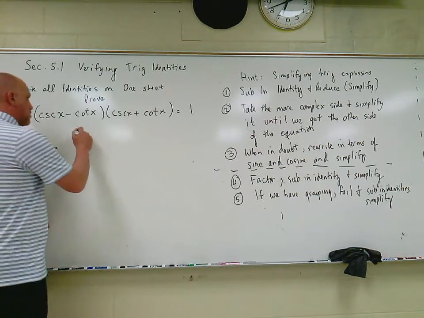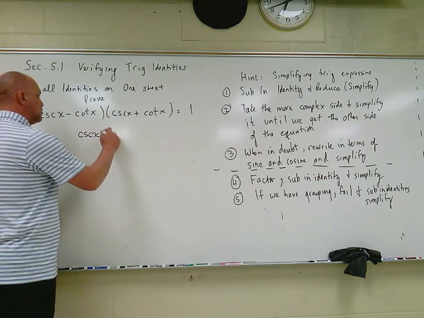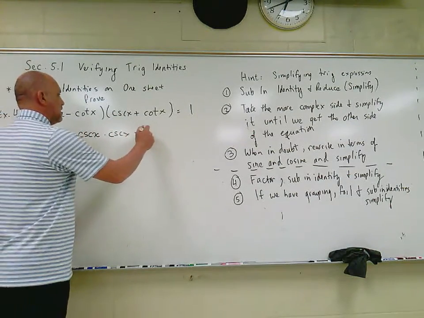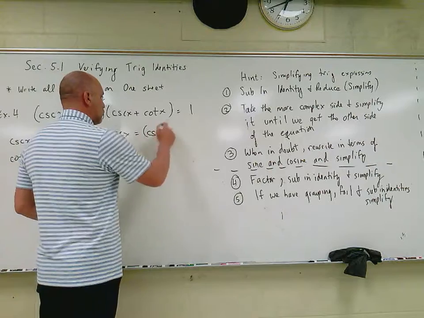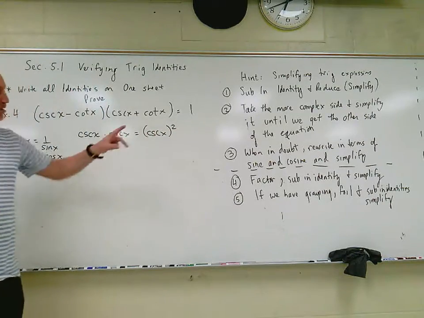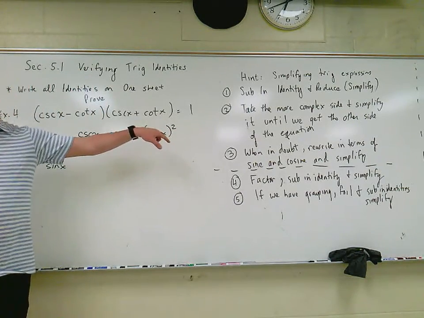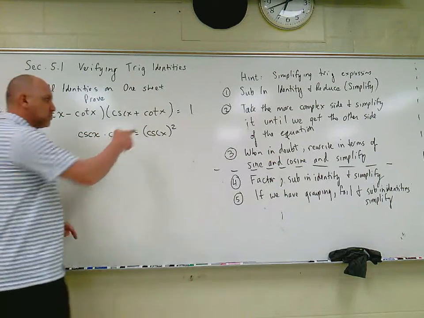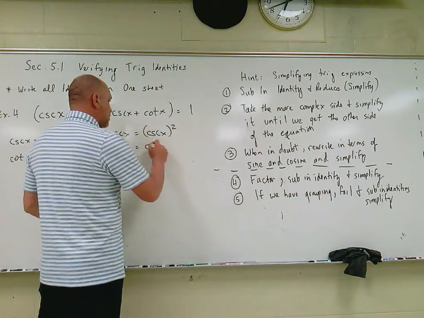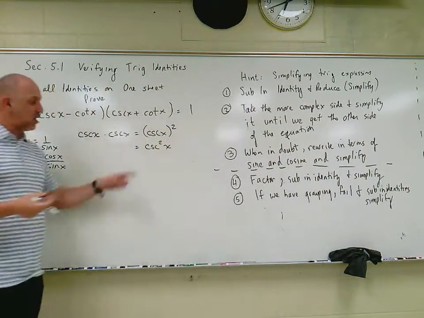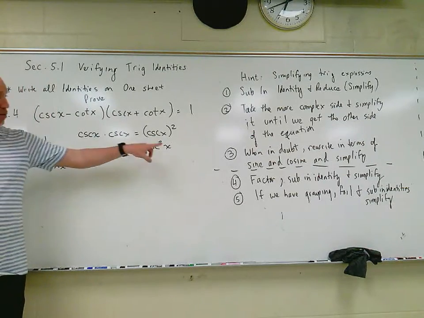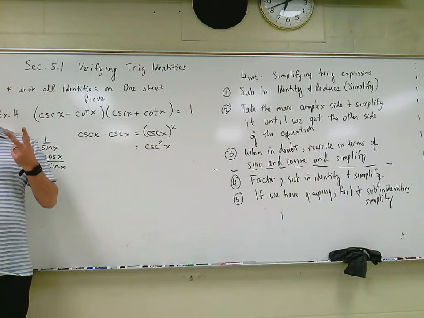So the talk I gave you before, if we do cosecant times cosecant, that is cosecant of x quantity squared. But since nobody wants to write that with the parentheses, we put the square after the last letter and before the variable so that we know the whole thing is squared. This is the notation to say the whole thing is squared.